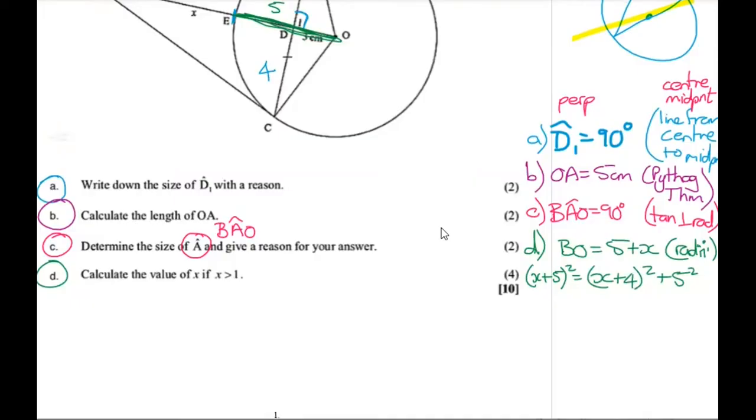Okay, perfect. And then you want to carry on doing that if you square a binomial? X squared plus 25 plus 10x is equal to X squared plus 16 plus 8x plus 25. Okay, awesome. And then the X squared cancels if you bring the X to the left.